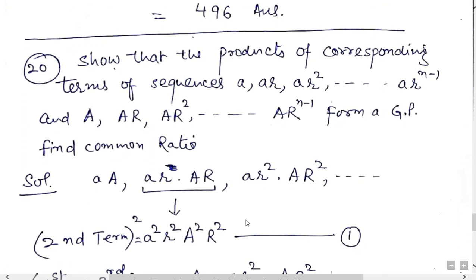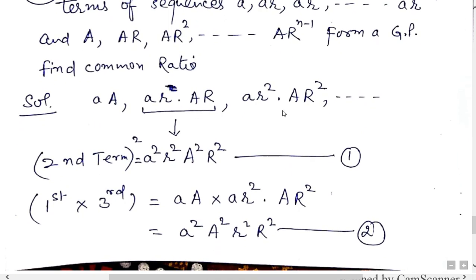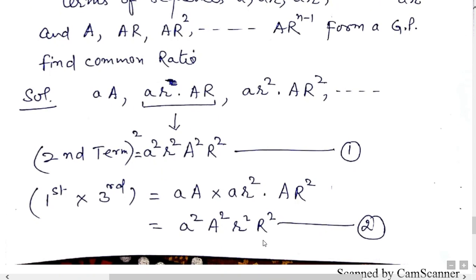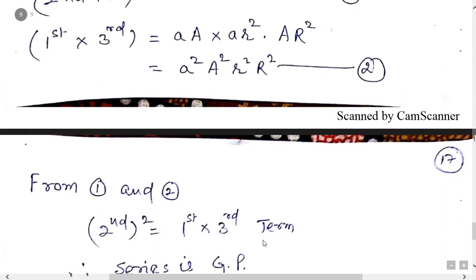Question number 20 is on the same pattern. First series is there, second series is there. Find the product of the series. Now the square of the second term is the product of the first and third term. Both are the same. It means the series is GP.